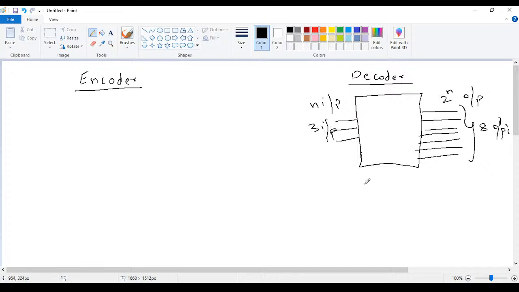And here you can see one enable. So this is a 3 by 8 decoder. To the 3 by 8 decoder, enable will be present. It is like a switch, like the main power supply to our house.